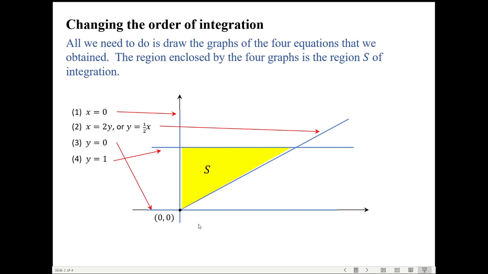We have 0, 0, we have 0, 1. These are obtained by solving simultaneously some of the equations among 1 to 4. Then this one is the intersection of the line y equals 1, horizontal line, and the line y equals 1 half x. Solve them simultaneously, you get that point 2, 1.